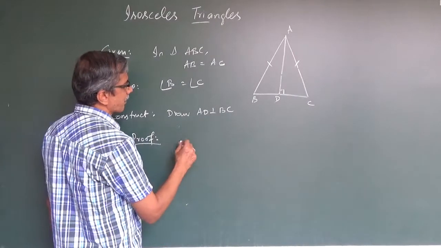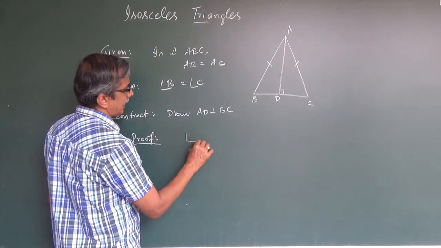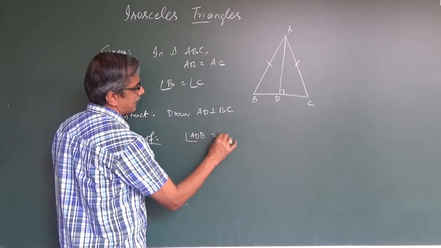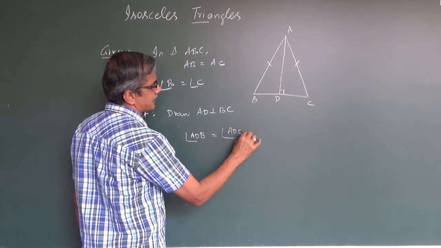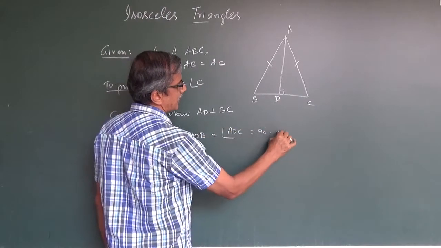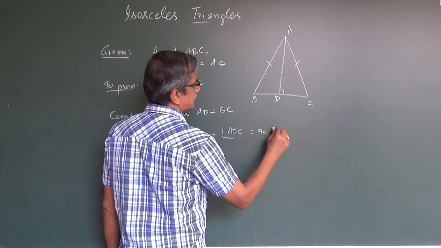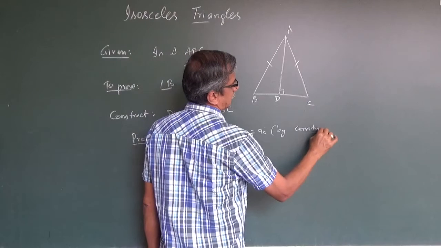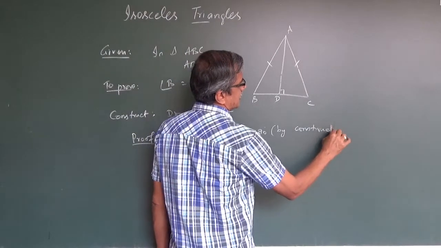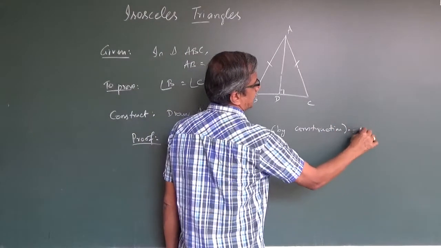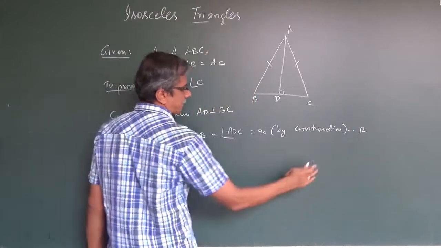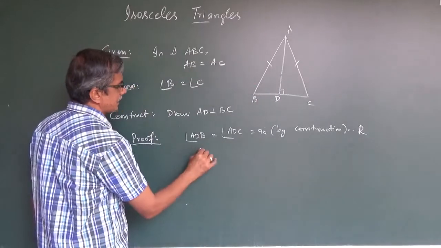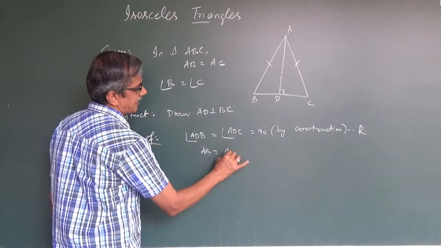That is, angle ADB is equal to angle ADC, each equal to 90 degrees. This is by construction. This is R. Then AB is equal to AC, given.